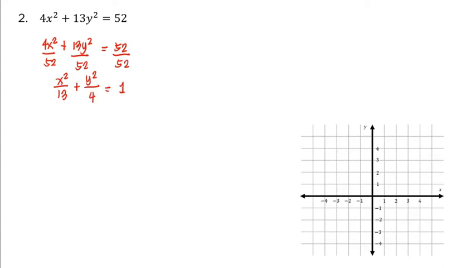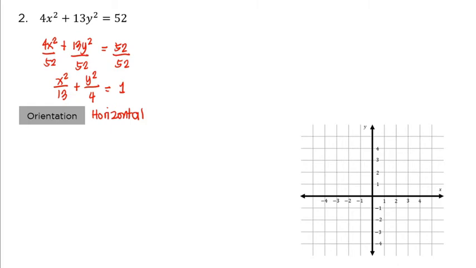And this one is already in standard form. And since the denominator of x is greater than the denominator of y, the orientation will be horizontal. So we have here a horizontal ellipse.